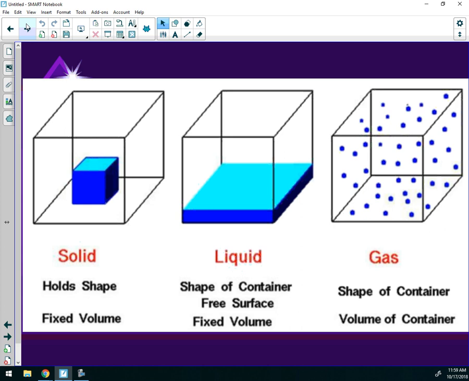So gas takes the shape of the container. It has no definite volume and no definite shape. Liquid takes the shape of the container but has a fixed volume. So it has a definite volume and no definite shape. Solids have a definite volume and a definite shape. Those things do not change with container.